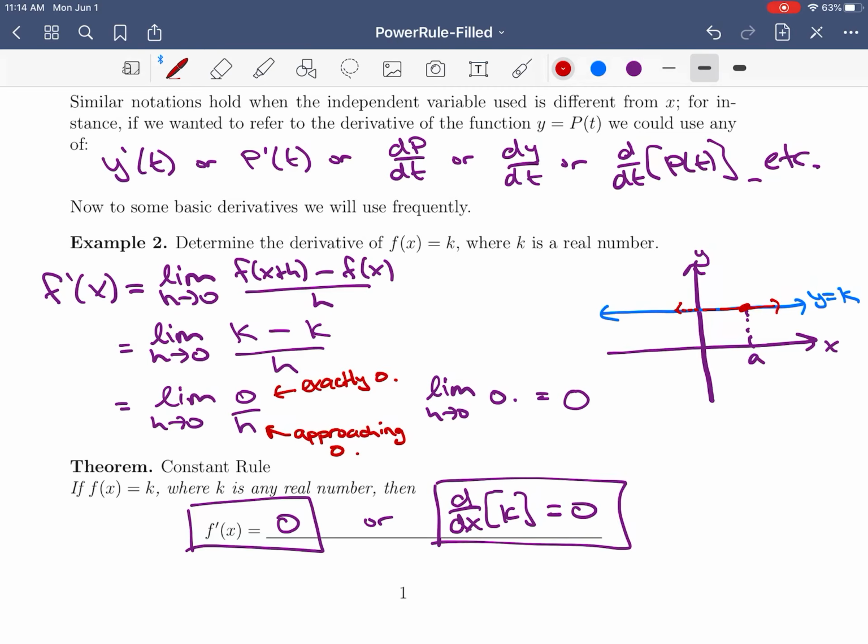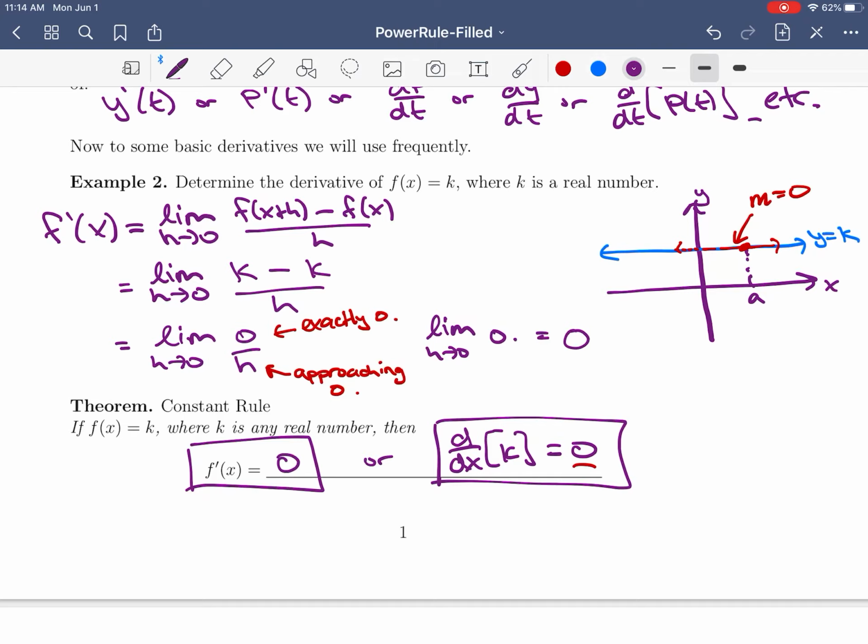So this would be the tangent line. This line has slope of 0 for all values of a. So that means that the derivative is the slope of the tangent, so it should be 0, no matter what the a value is. So whenever you're taking the derivative of a constant, you should get 0.